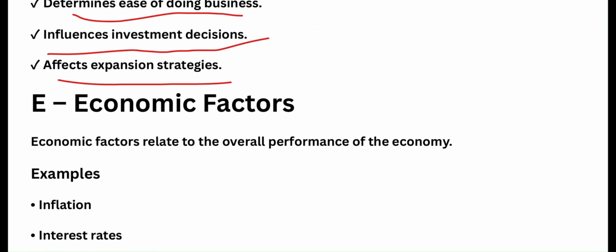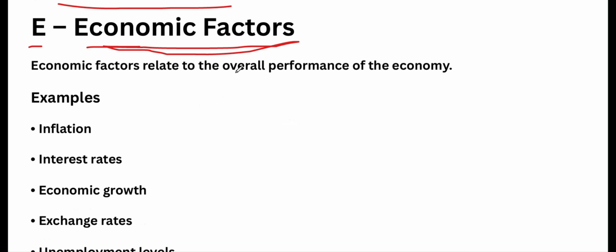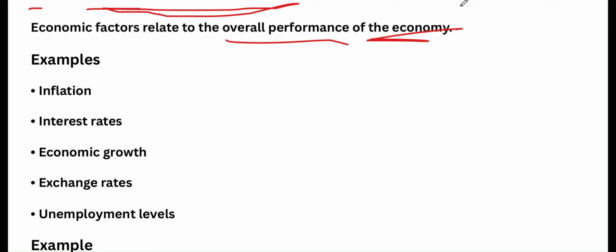Okay. The next is E. E stands for economic factors. What is economic? Economic relates to the overall performance of the economy. So if the Indian economy is functioning well, it is a great thing, so that we have a good impact on our business, right?